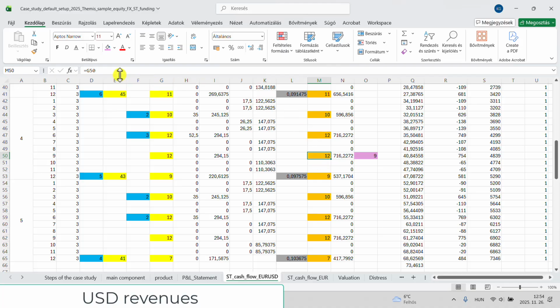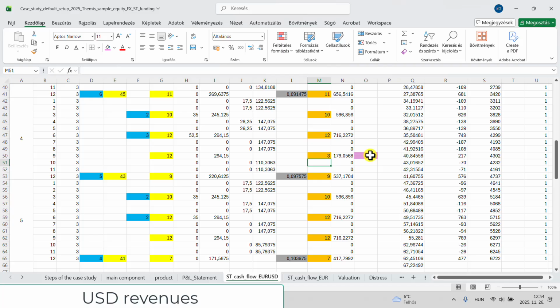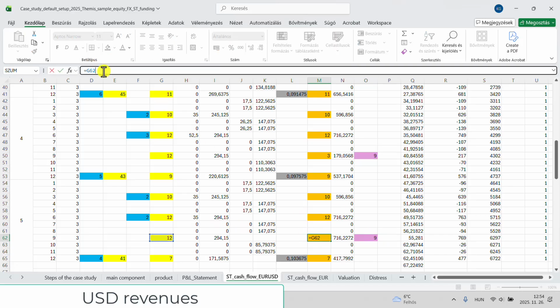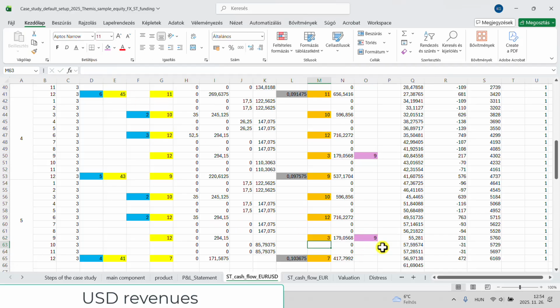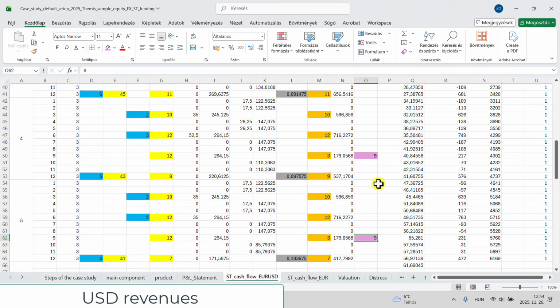So minus 9. And then let's do the same thing in the last year as well. So this will not be happening because we are delivering to Amazon. 9 launches only within 1 month.